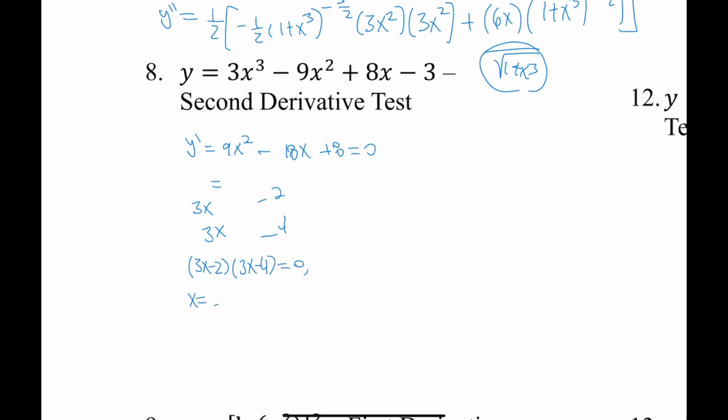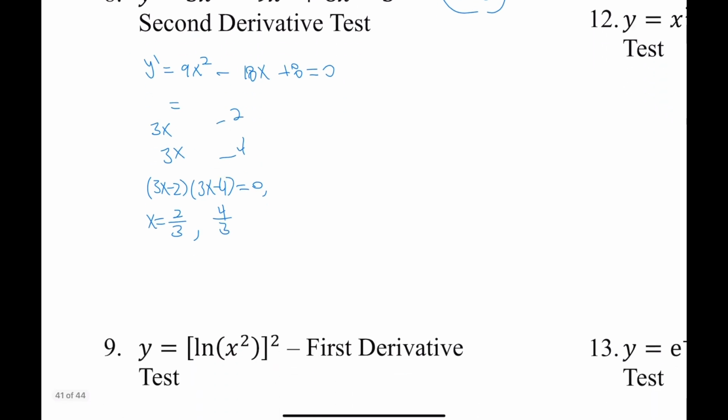So x would have to equal 2 over 3 or 4 over 3. These are our two candidates, and our second derivative would be 18x minus 18.